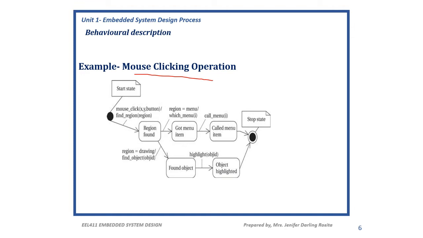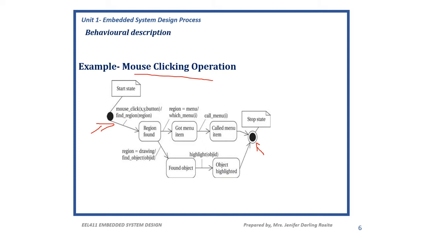Okay, so here the start state is always indicated with a dark circle. And the stop state is indicated as a dark circle surrounded by another circle. So the start state, that's what they have written here.